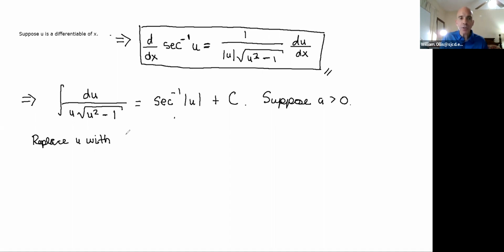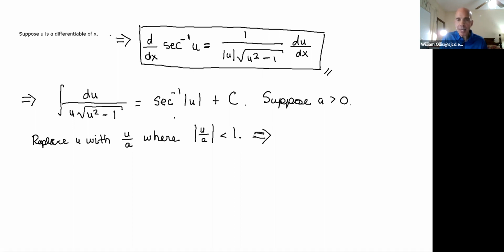So with u over a, just like we've done before, where, again, we don't want to divide by 0, the absolute value of u over a is less than 1. So now we can go ahead and fill in the left-hand side, and we're going to get just like what we had for the inverse tangent form.